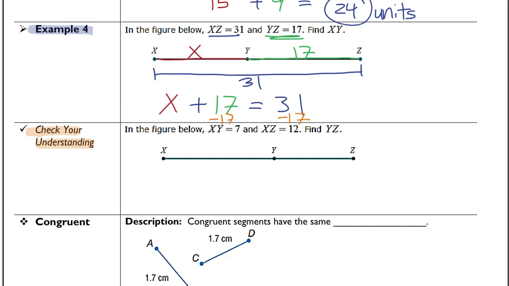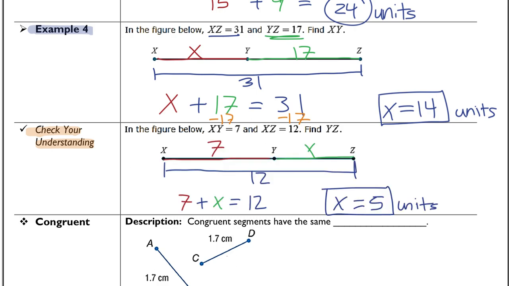And then we get that x is in fact 14. And then again, we should have units for this case. So again, if you want to double check, put 14 plus 17, well, that's 31, and that's a double check. So go ahead and try this one on your own. Pause it, I'll have an answer shortly.